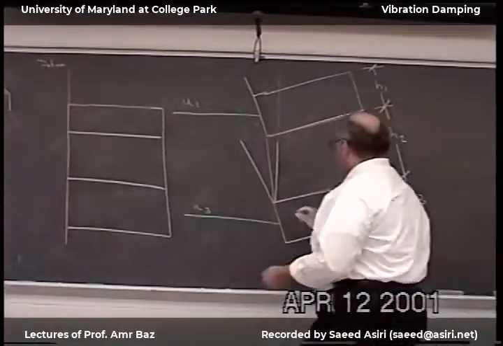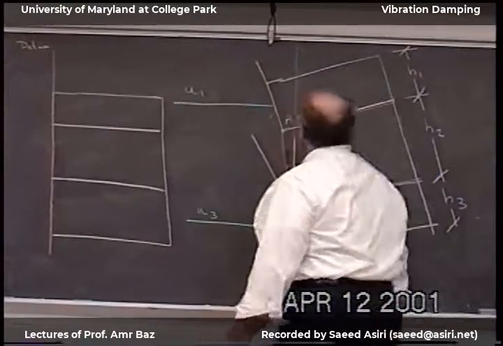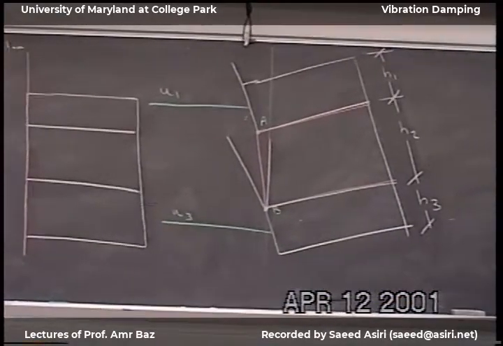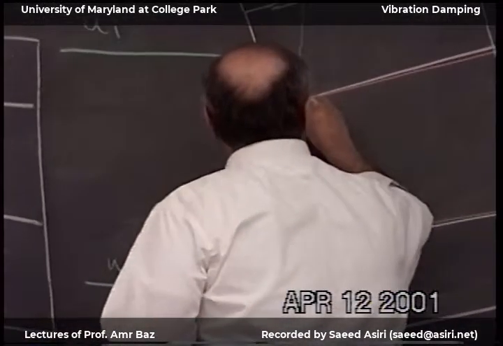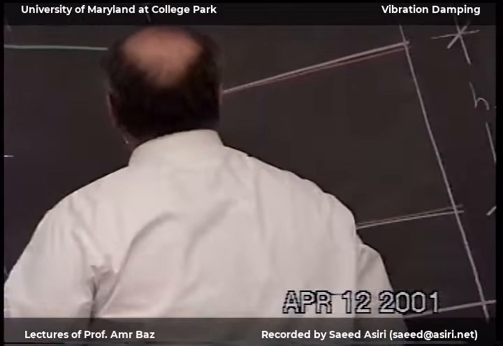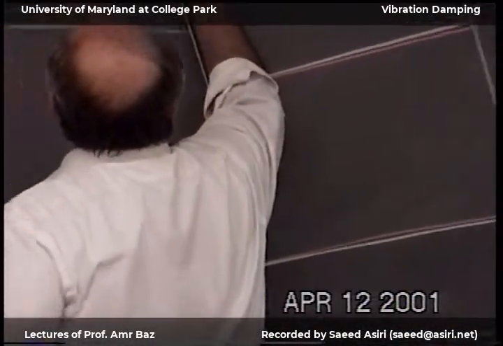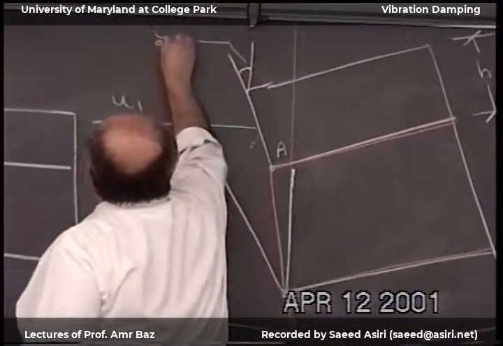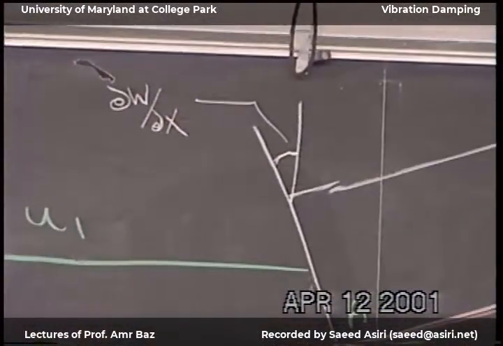I'm going to call these points A and B. This distance is the slope of the deflection line, which is partial W by partial X. This is the same.